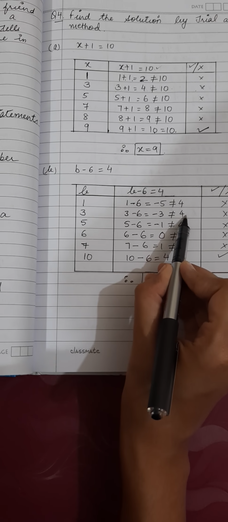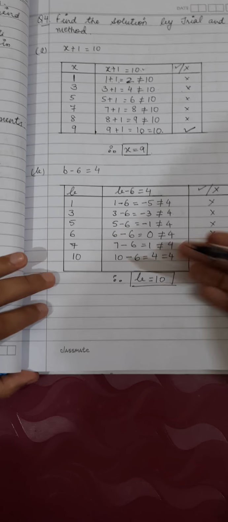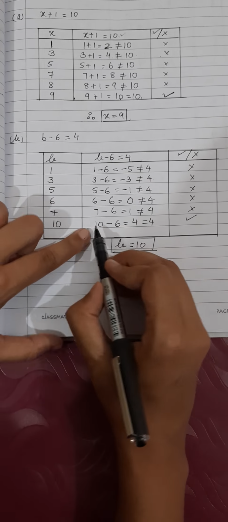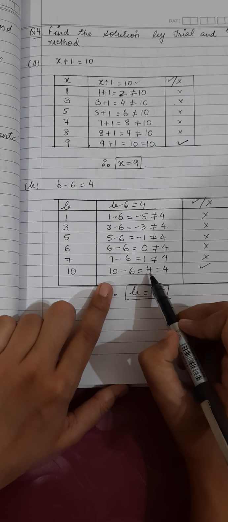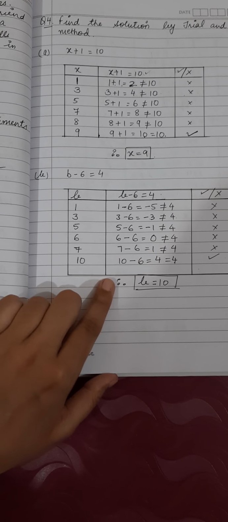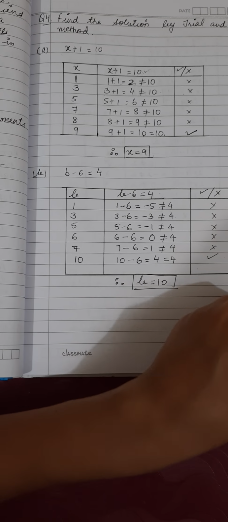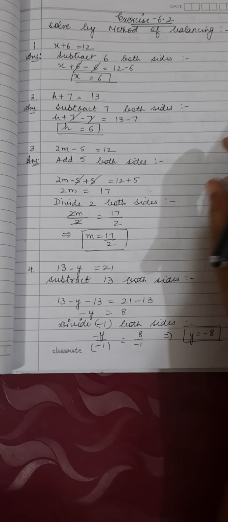Minus 3. Is it giving me 4? No, so wrong. Keep on going like this, and then 10. If I am going to put the value of B as 10, 10 minus 6 is going to give me 4, which is equals to 4. Yes, correct. So that means the value of B is going to be 10. So this was your A part and B part.